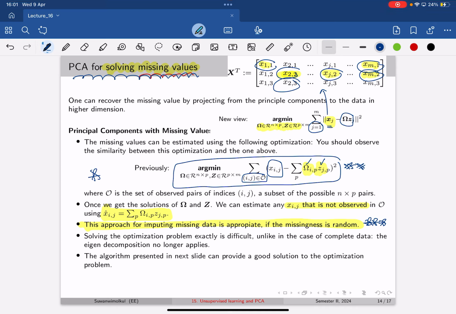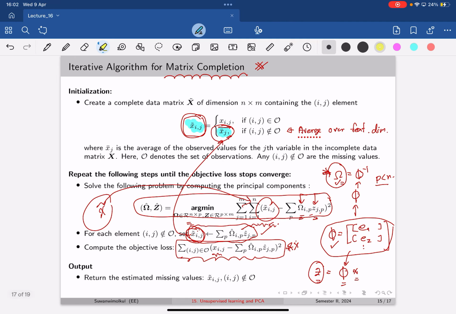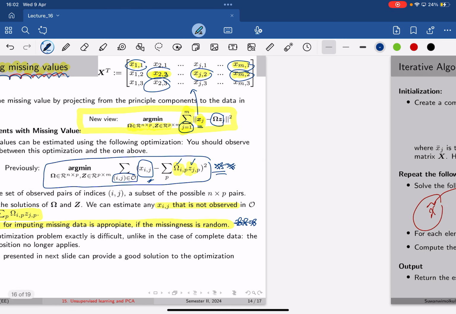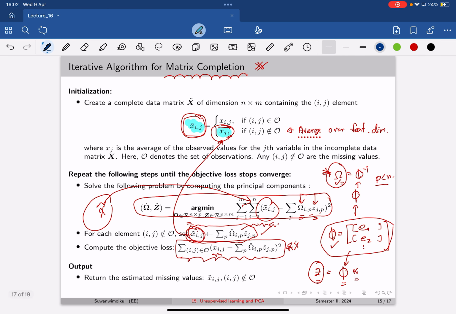Eigenvalue and eigenvector decomposition would only work if you have the complete X, like in this previous formulation. If X is incomplete, you cannot decompose omega and z using the eigenvalue decomposition.